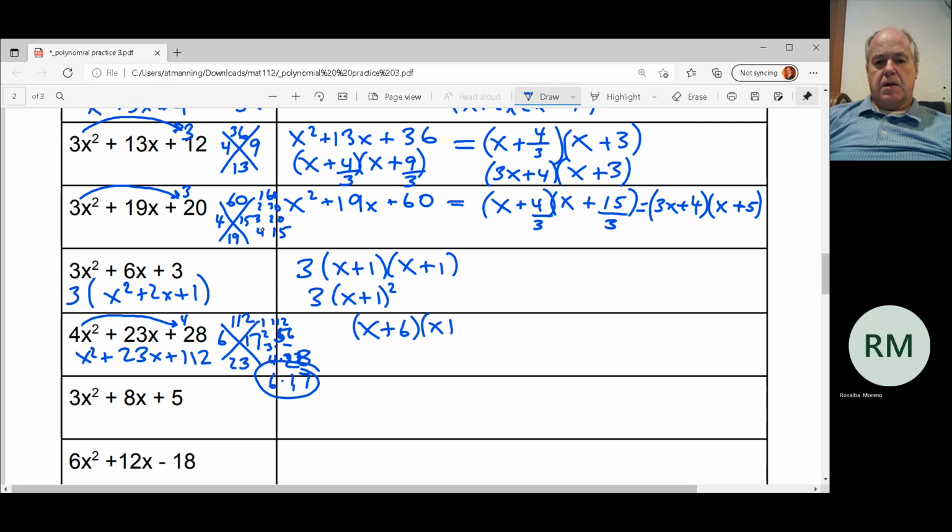times x plus 17. Oh, but I have to divide now by that 4 that slid over. Now we do the divide by 4. This becomes x plus, well, I can factor out a 2. That becomes x plus 3 halves.